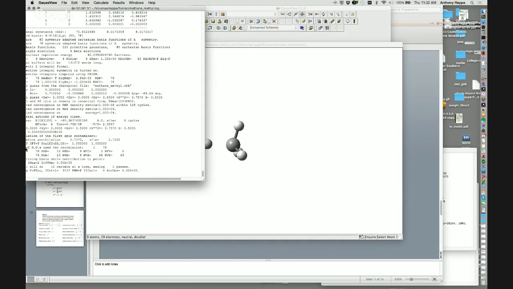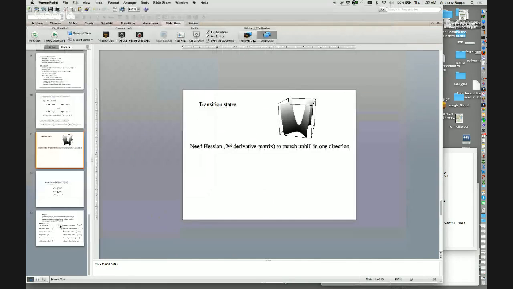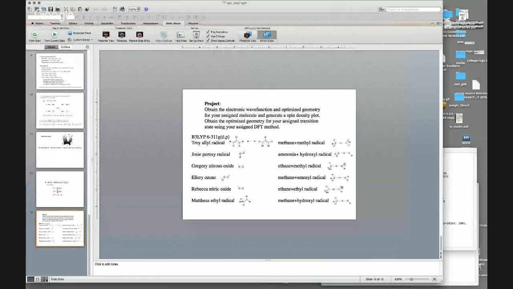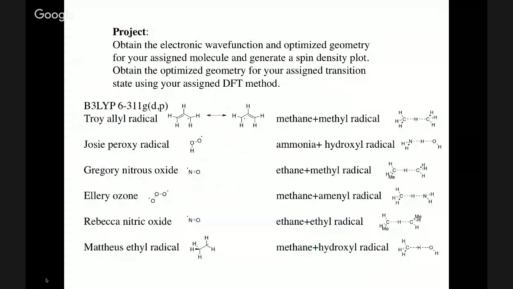While that is doing its thing, for your homework for today, first thing is I want you to calculate a radical and look for the spin density plot for a radical species. And then the second thing is to optimize the transition state, find the saddle point for different small molecule reactions.